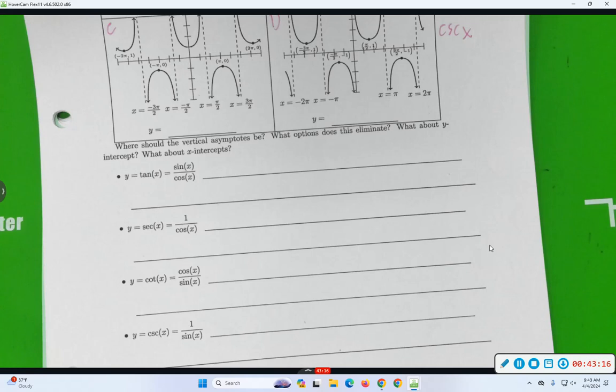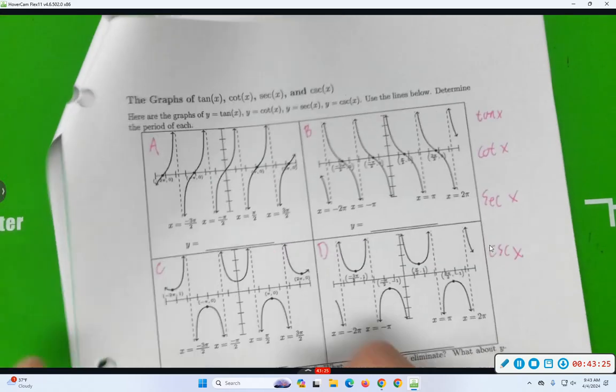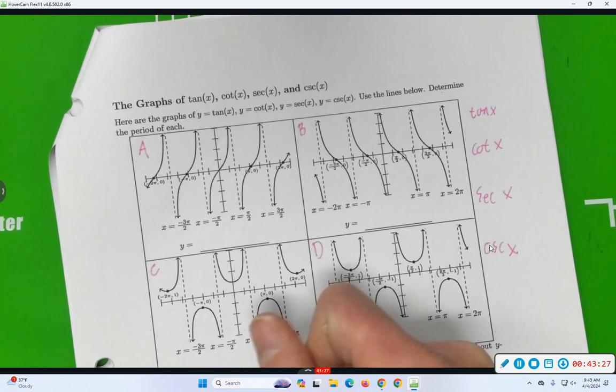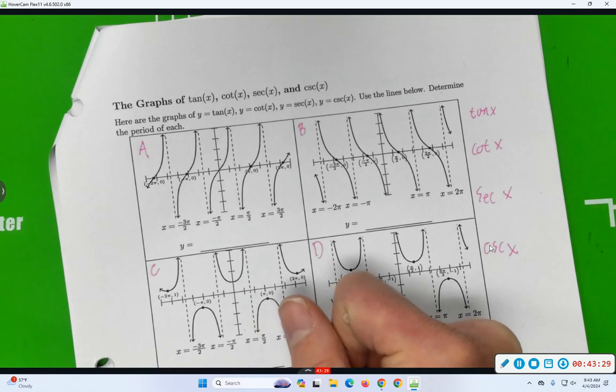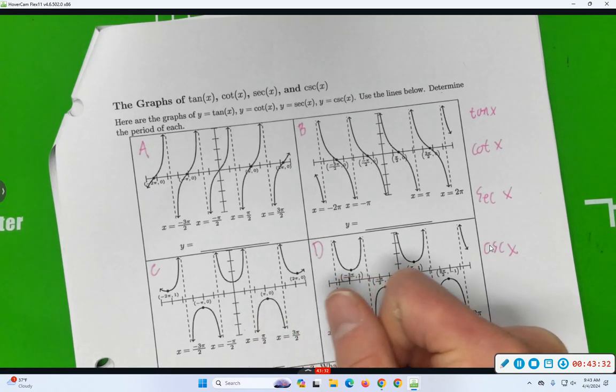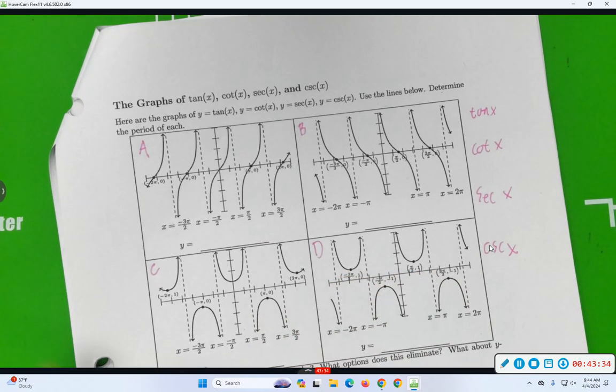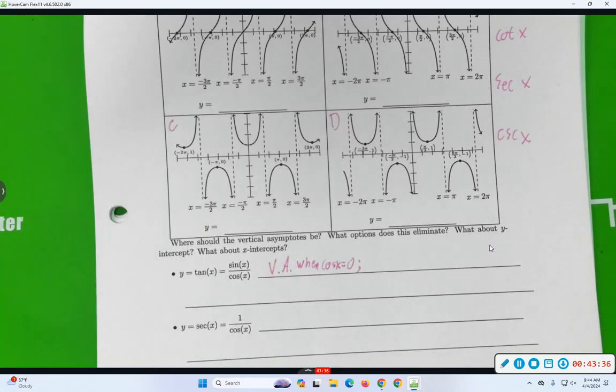Yeah. Tangent is y over x, so it's going to be undefined where x is 0. Cool. So this thing will be undefined, and in fact it'll have a vertical asymptote when cosine of x equals 0. When is cosine of x equal to 0?